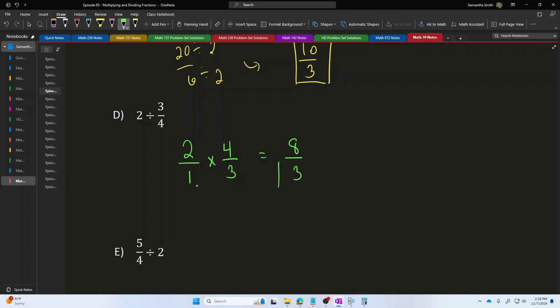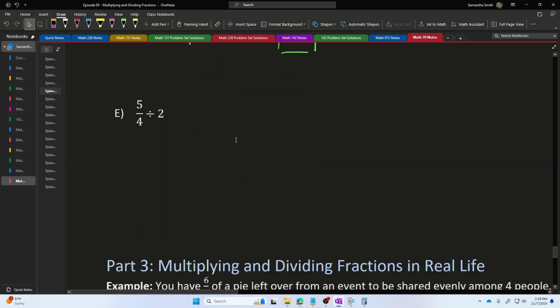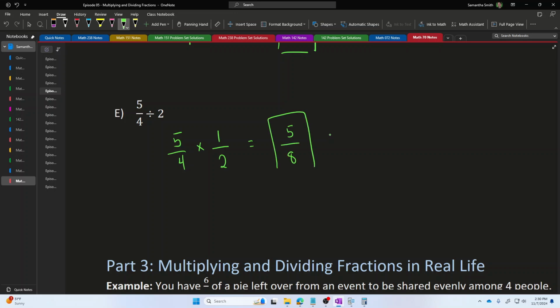And I think that's it for simplifying that. And then finally here I have 5/4 divided by 2. 5/4 times the reciprocal of 2, which is 1/2. This will become 5/8, and I don't think that can be simplified any further.